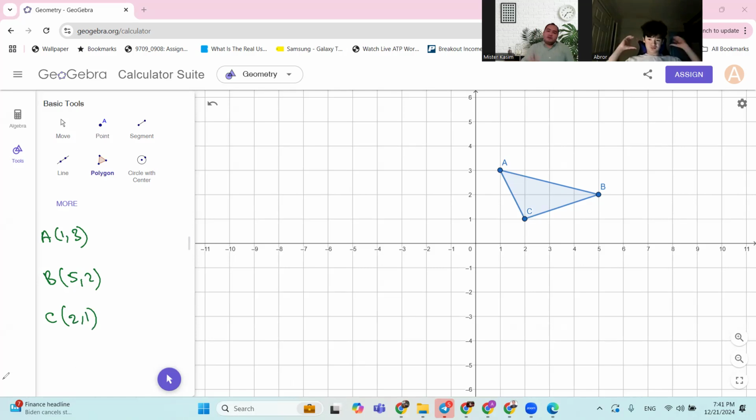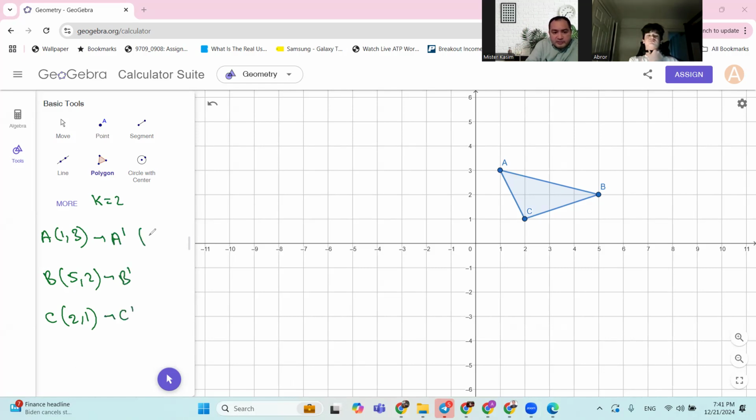Suppose that you want to construct a triangle which is greater than this, but similar to this, having the same shape. Let's say the scale factor is 2. At that time, what do we have here? I should multiply each coordinate by 2.